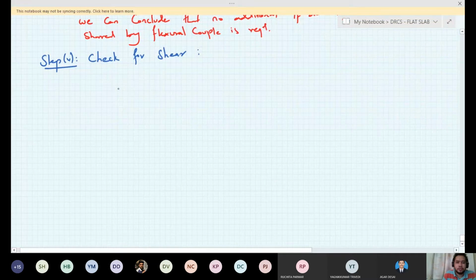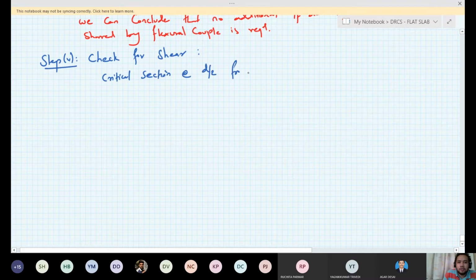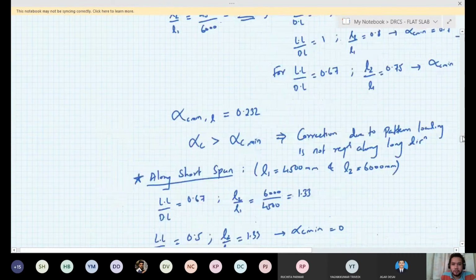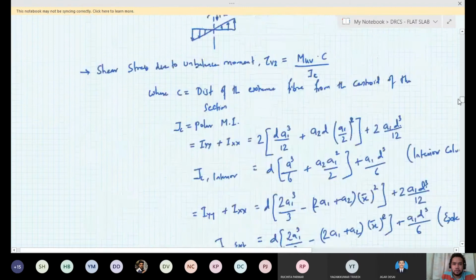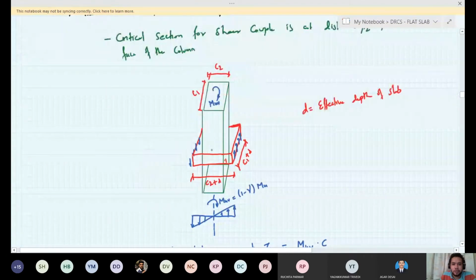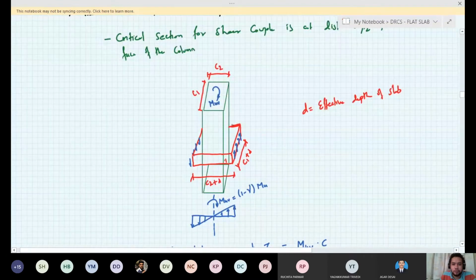Okay, so for shear, the critical section is at d by 2 from the face of the column. Okay, we have seen this in the theory part. The critical section is at d by 2 from the face of the column, d by 2 here, d by 2 on this side. So the width of the critical section will be the width of the column plus the effective depth.